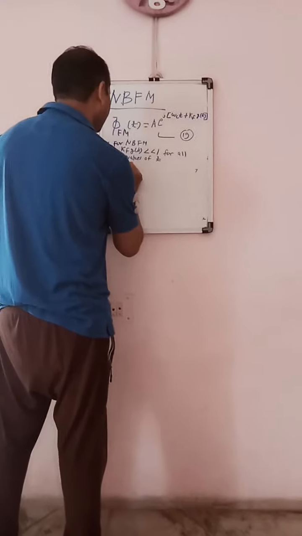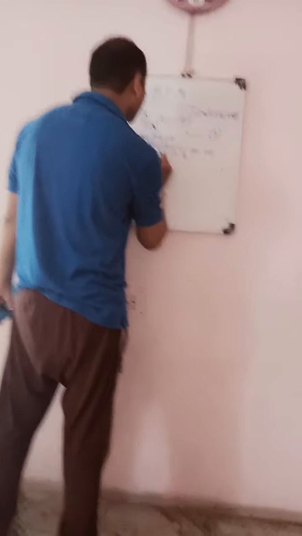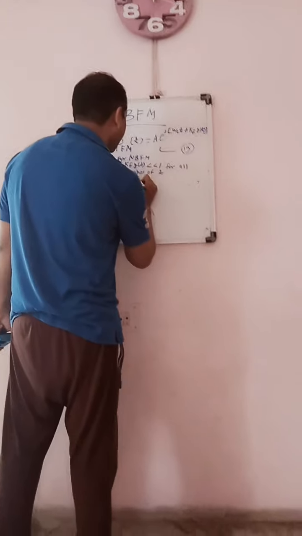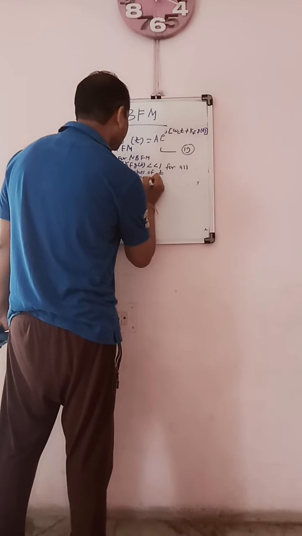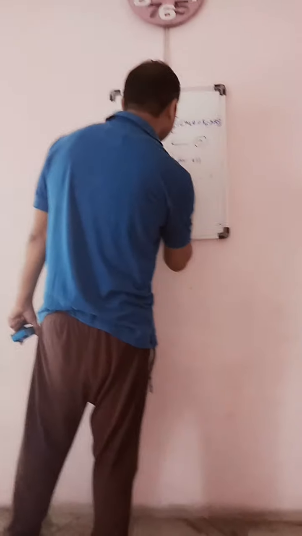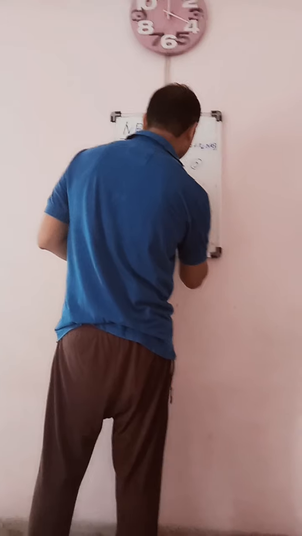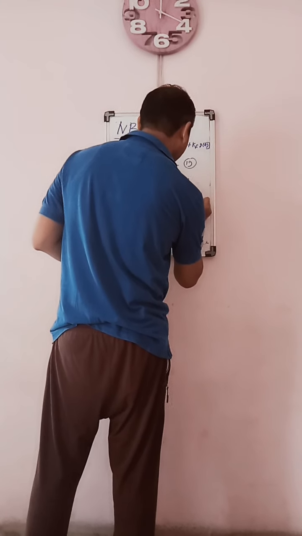So here we can write, we will take that part, that is A e to the power j kf g t will be almost equal to 1 plus j kf g t.